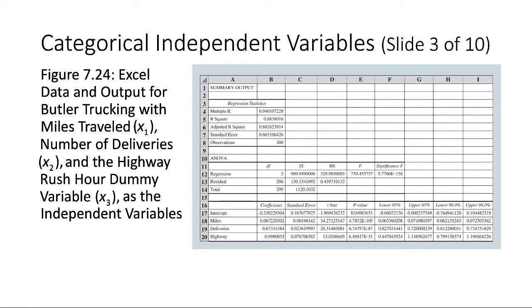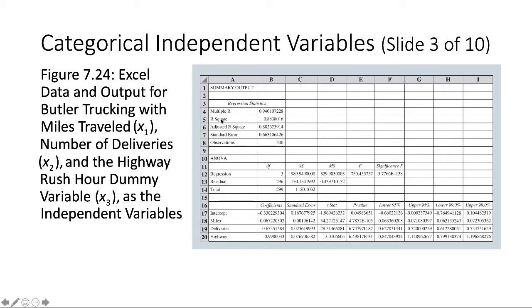We can interpret this model as follows: the mean travel time of a driving assignment increases by 0.0672 hours for every increase of 1 mile traveled, or 0.6735 hours for every delivery, or 0.9980 hours if the driving assignment route requires the driver to travel on the congested segment of a highway during the afternoon rush hour period.